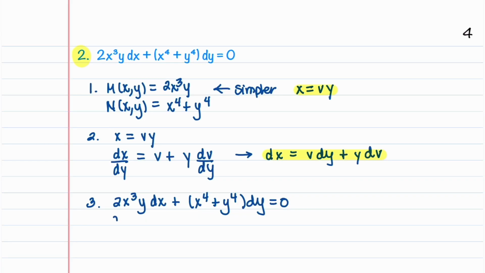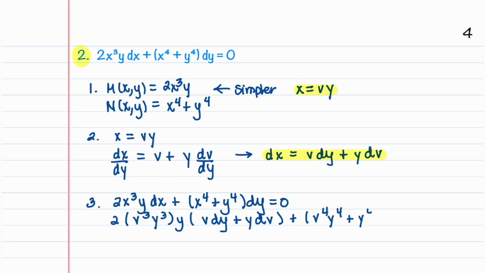We have 2, and then we have x cubed, so that's v cubed y cubed. We have a y, and then we substitute in our dx: v dy plus y dv. And then we add x to the fourth, which is now v to the fourth y to the fourth, plus y to the fourth, times dy, and that's equal to 0.